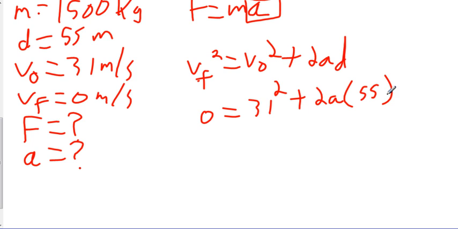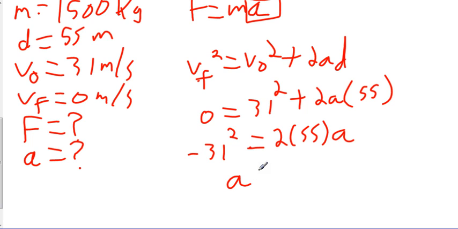When you work this out, you get negative 31 squared is equal to 2 times 55 times A. And when you solve this, you should get an acceleration of negative 8.5 meters per second squared. The negative simply shows you that it's going in the opposite direction. It is slowing the car down. All right, let's go to the next problem.